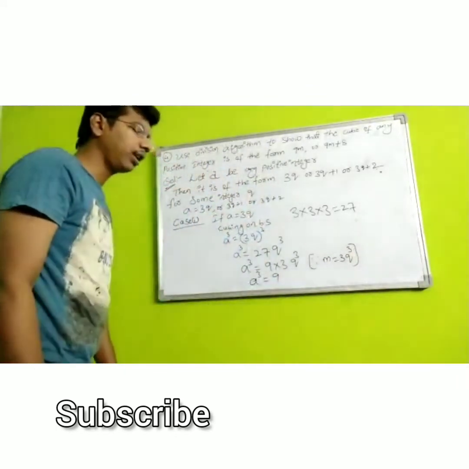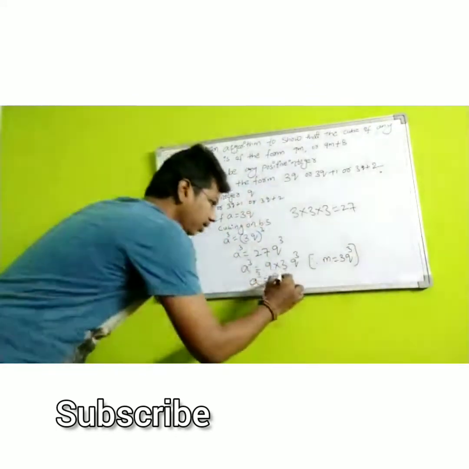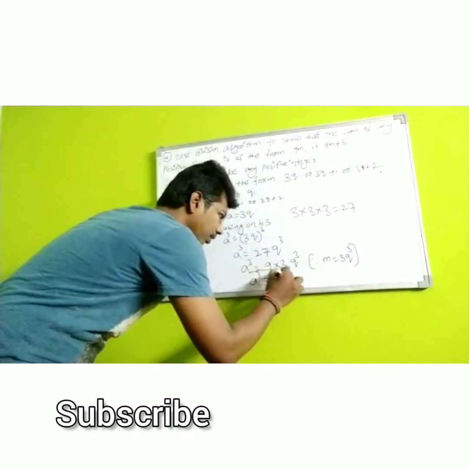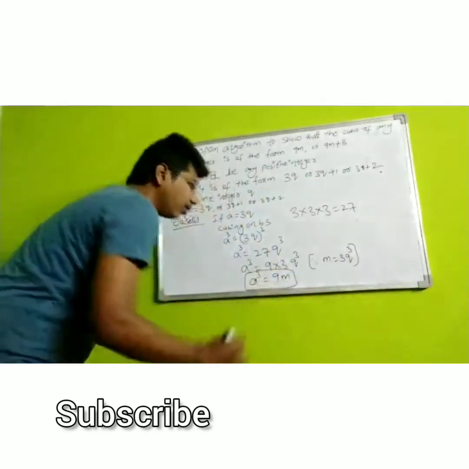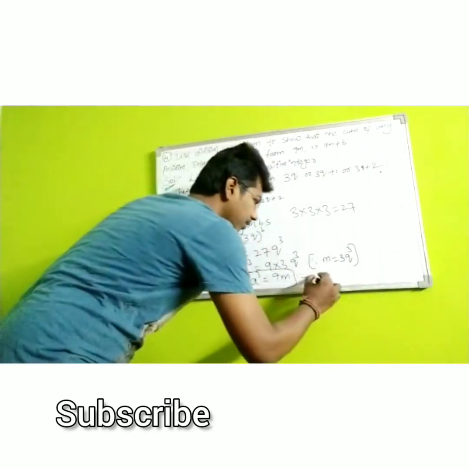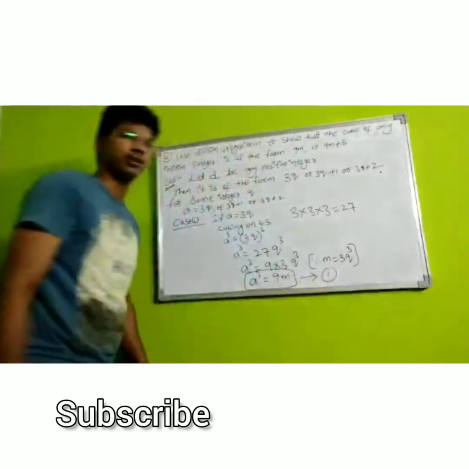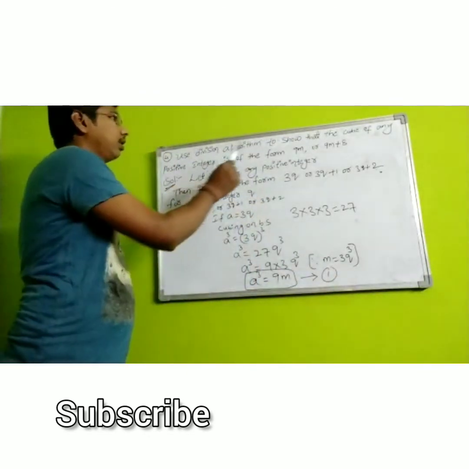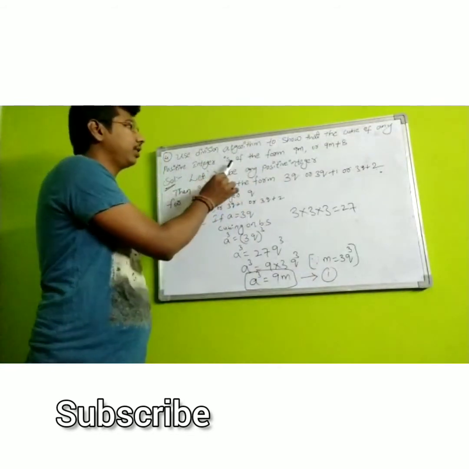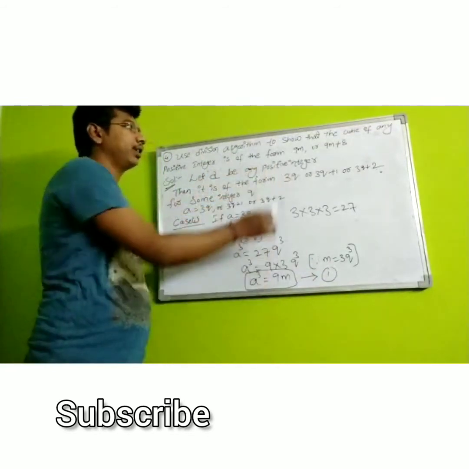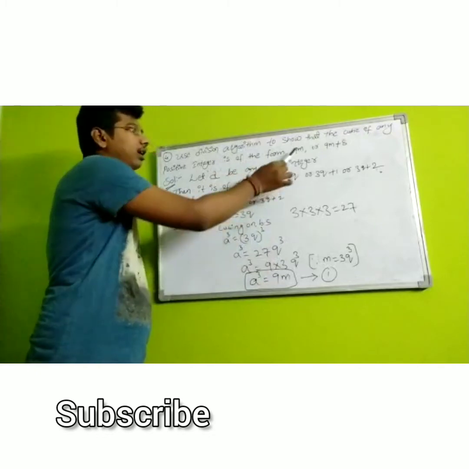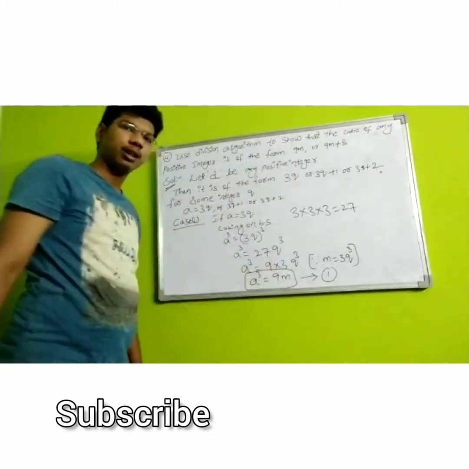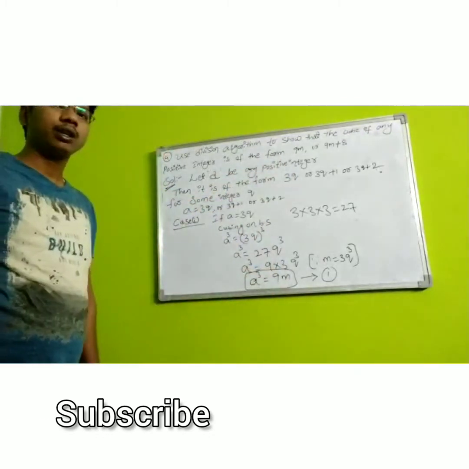In place of 3q power 3, substitute m. Now a cube is equal to 9m. This is equation number 1, students. You can observe clearly in the question, the cube of any positive integer is of the form 9m or 9m plus 8. In case 1 I proved 9m. Similarly we have to prove case 2 and case 3.